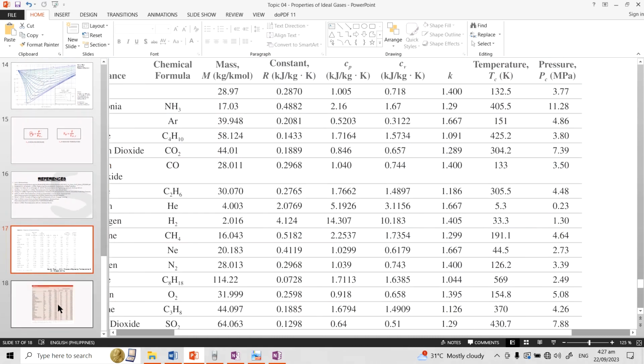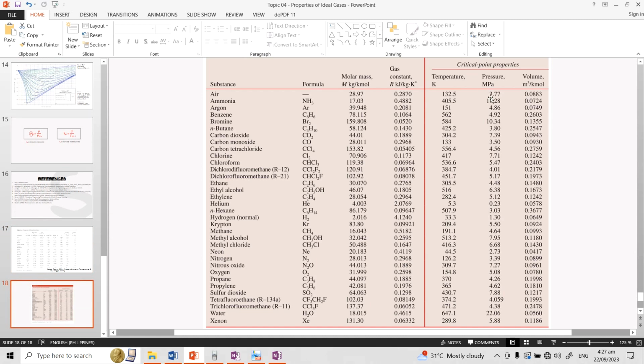Here's the value for the critical temperature.